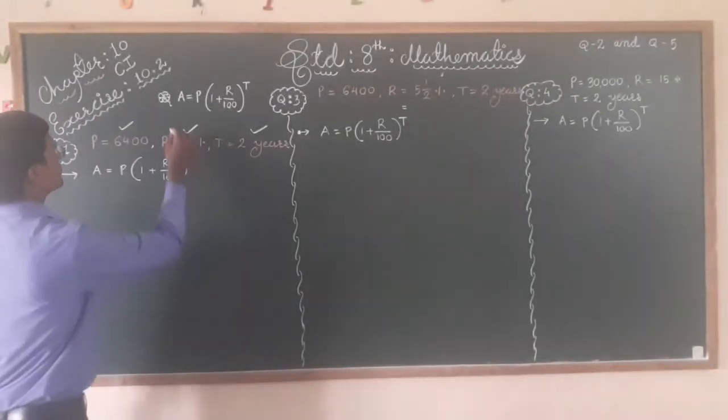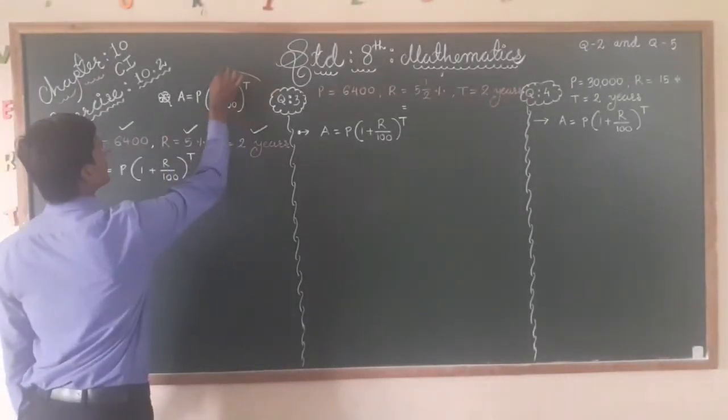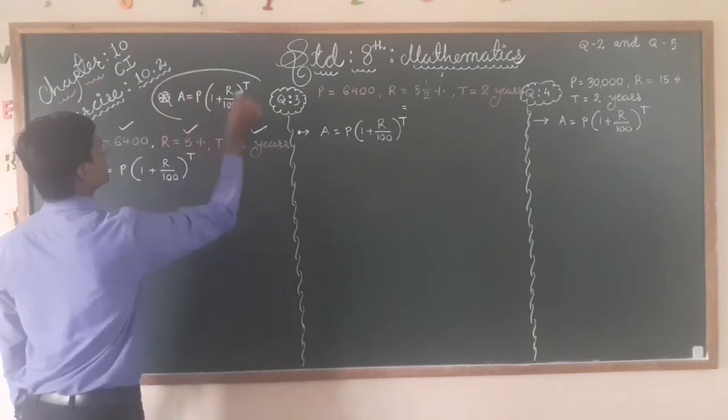So the formula we have to utilize, to find out the compound interest, is A is equal to P (1 plus R upon 100) to the power T.